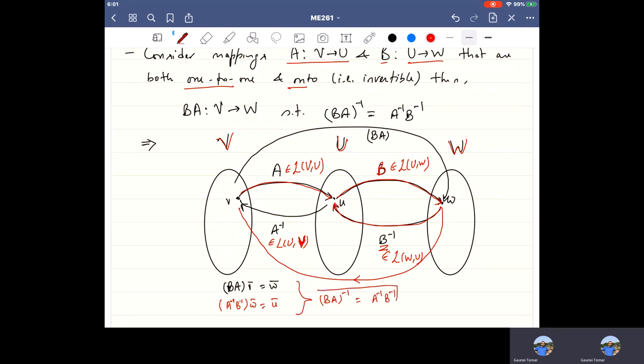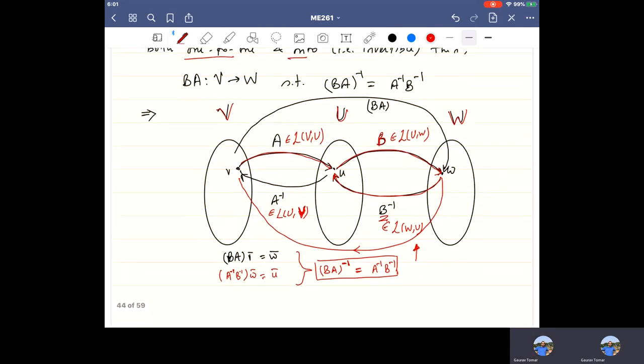That's the reason you use this formula: when you write BA inverse, you get A inverse B inverse. The reason is whatever we discussed here, as given by this Venn diagram.